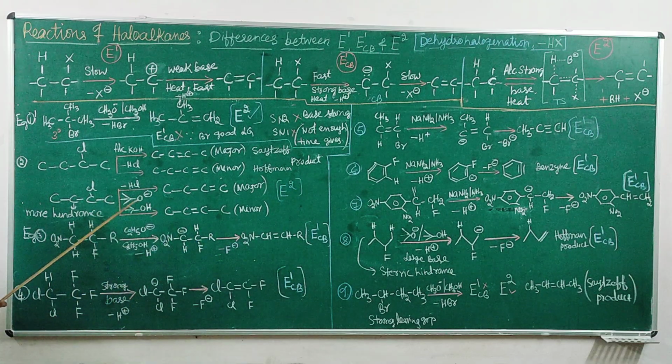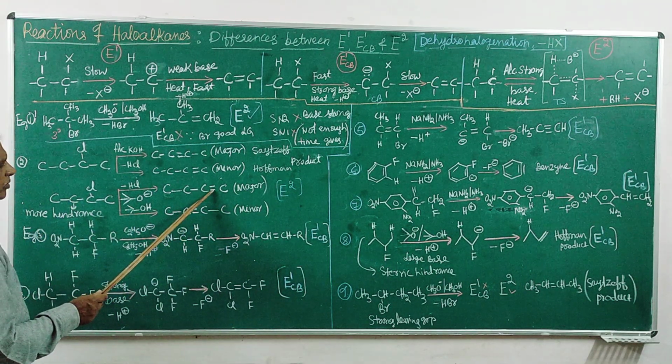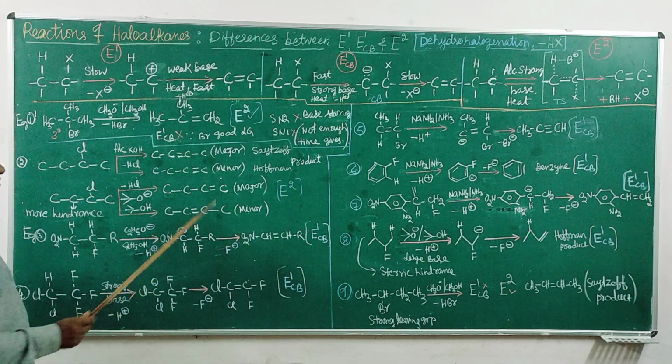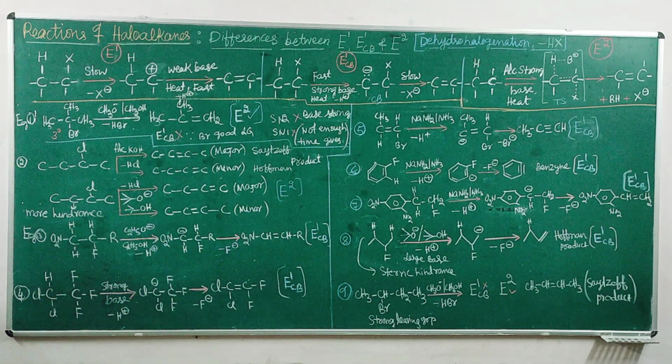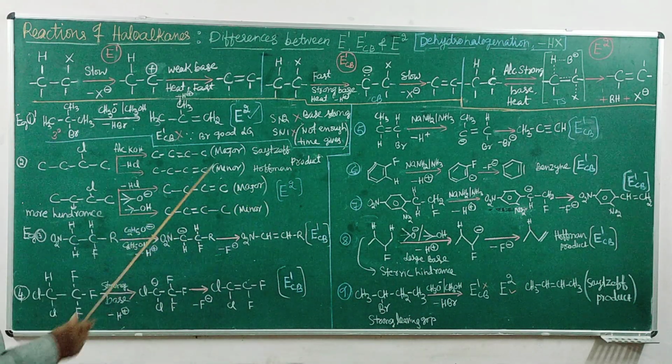The reason is that it attacks this hydrogen rather than this. Therefore, even though it is the less stable product, it is the major product, and the more stable product is minor. Both are E2 mechanism.